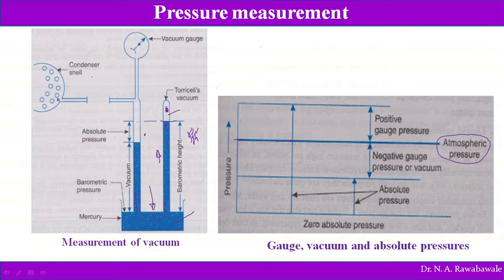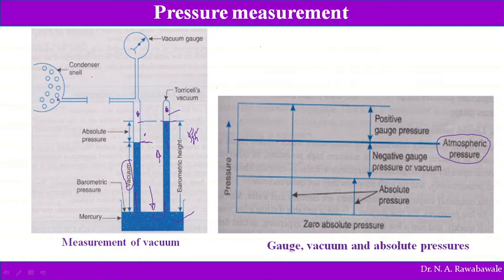This level difference is because the pressure applied to this tube is not a perfect vacuum. There is a deficiency in the perfect vacuum. That's why the mercury enters the tube up to a certain level. The level of mercury which rises into this tube is nothing but the extent of vacuum. So the vacuum created in this condenser is represented by the rise of mercury level in this tube.